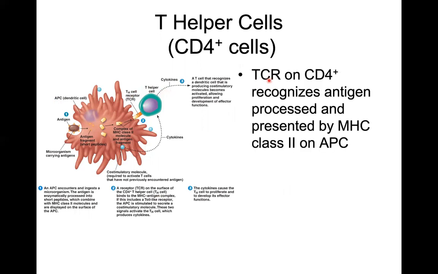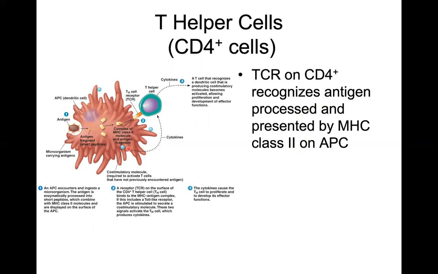The T cell receptor on the CD4 positive T cell will recognize an antigen that has been processed and presented by an MHC class II protein on an antigen presenting cell. Let's say this cell has taken in this antigen. Now this antigen is brought inside of this cell, and it is then processed.